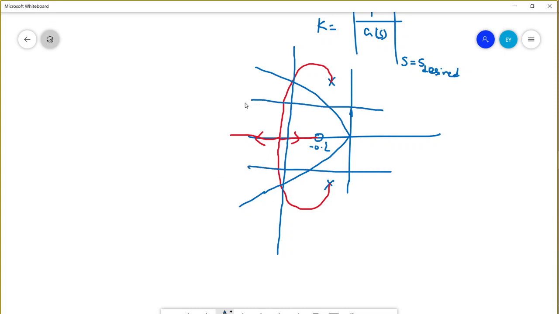So our region is this one. Our region of operation is this one.